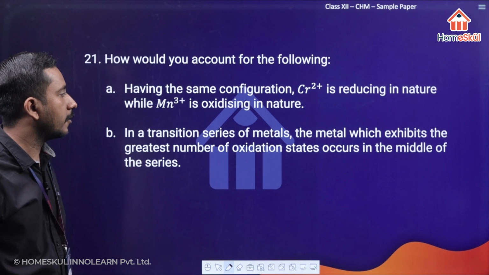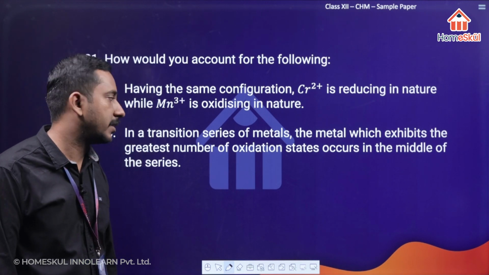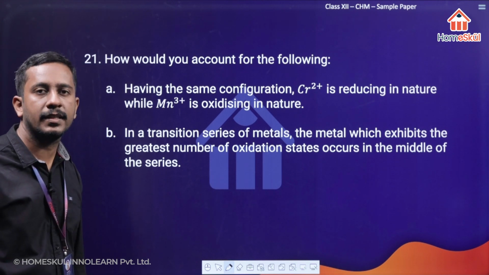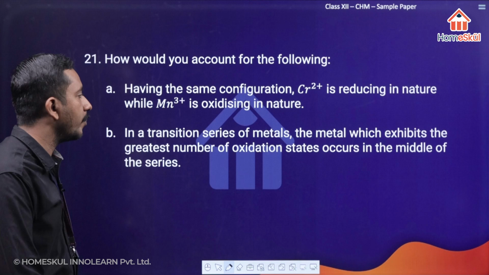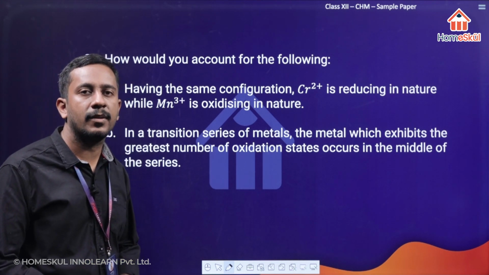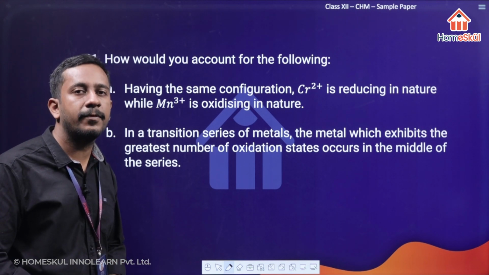In the transition series of metals, the property of transition metals is that it shows variable oxidation state, and the metal which shows the highest number of oxidation states will be occurring in the middle of the series. So the element that is occurring in the middle of the series, that means if you consider the 3d series, that will be manganese, which has a 3d5 configuration.